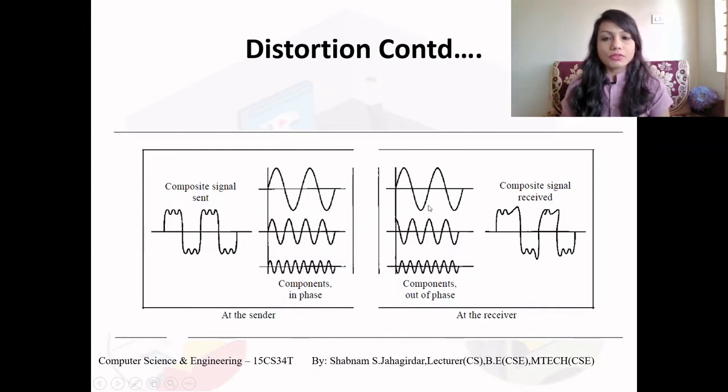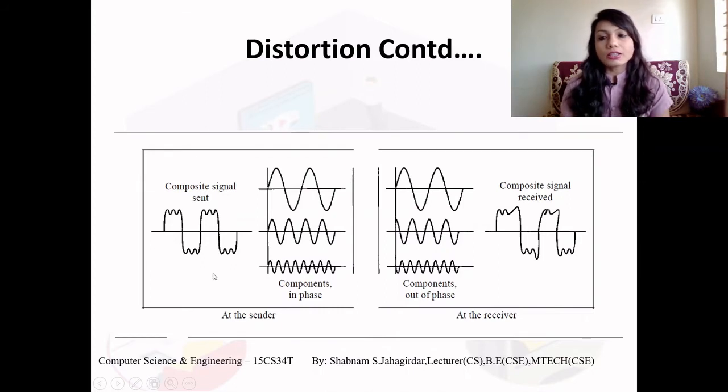So at the receiver, what happens? Sometimes the first has reached with no phase difference, whereas the second one has a 90-degree phase difference, and for the third one also there is a phase difference. So what was sent is not the same as what is received.